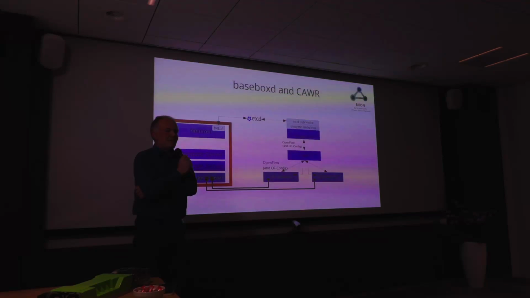None of that is unfortunately at the moment transported through BaseBox D. We're talking about VLAN exclusively at the moment. We're working on layer 3, which will be end of Q3. VXLAN is next on the roadmap, before the end of the year, but we're not yet there.